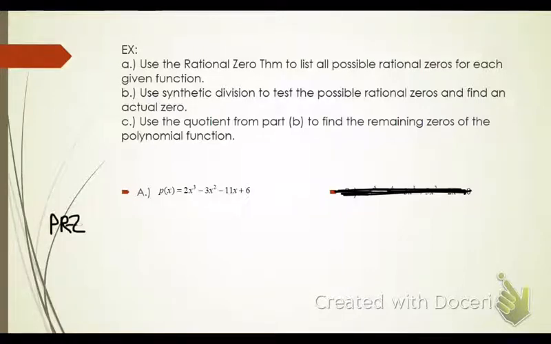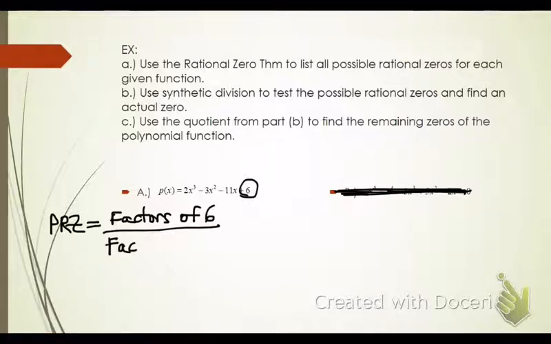So my possible rational zeros are going to come from taking the factors of the constant, which is 6, and dividing it by the factors of the leading coefficient, which in this case is 2.